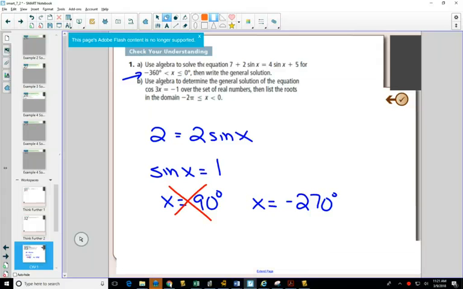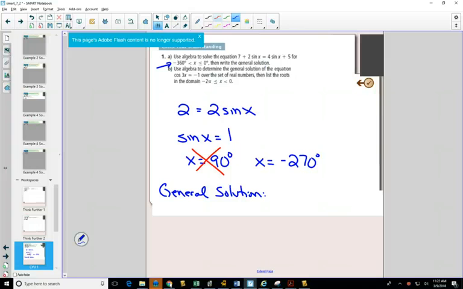It says, then write the general solution. How do we write a general solution? We write a general solution by first finding all of our answers between 0 and 360 or 0 and 2 pi, of which we only have one, 90 degrees.